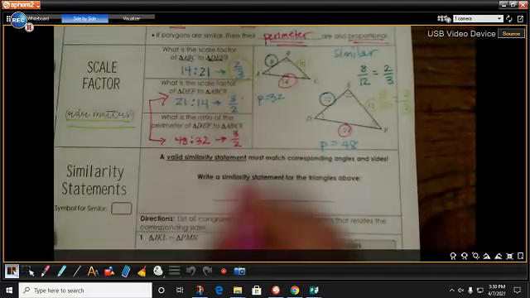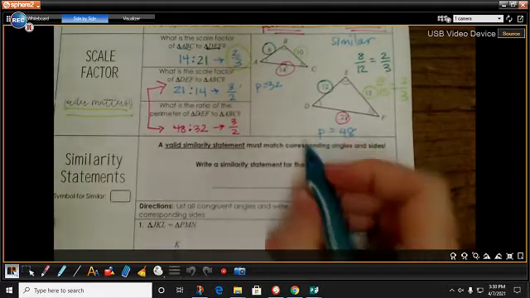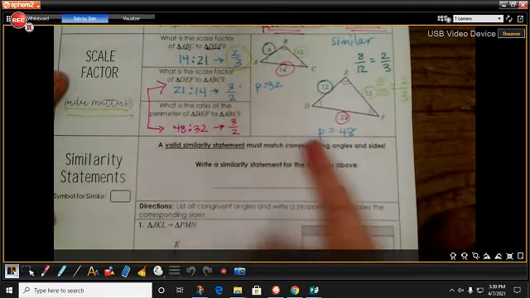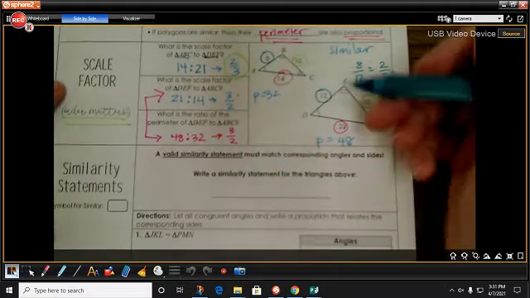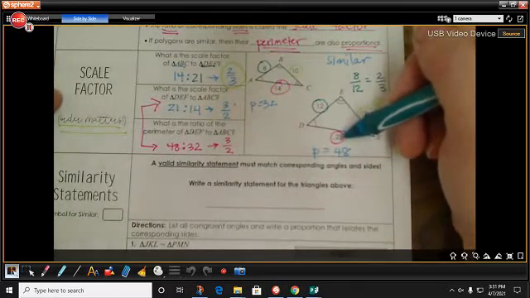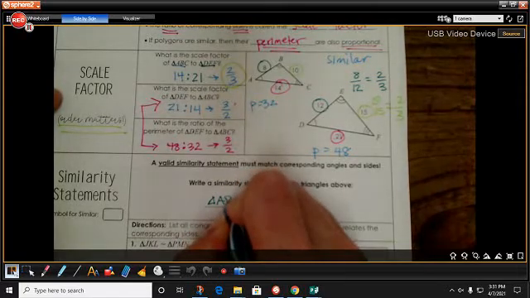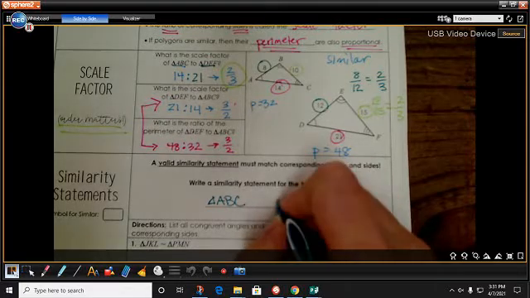Now, if you're going to write a similarity statement and say, yes, these triangles are similar, in order to do that, you must match the corresponding angles and sides, the same way we did with congruent shapes back at the beginning of the school year. So if I wanted to write the similarity statement for these two triangles, if I chose to say that the first one was triangle ABC, then I need to match up the similar angles and the similar sides.